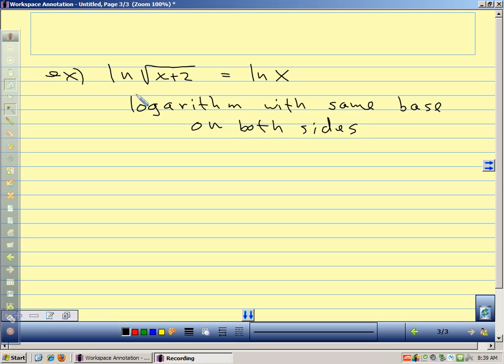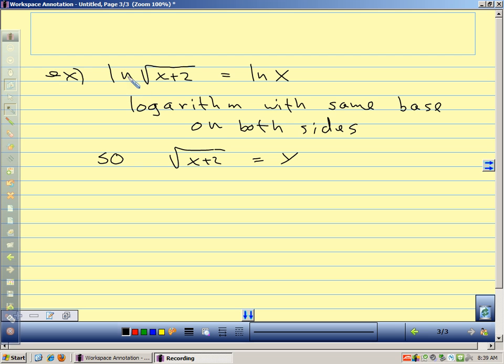So this one is set up for us already. If we have a logarithm with the same base on both sides, that tells us that what the logarithm is acting on either side, what's inside our function, has to be equal. So the square root of x plus 2 equals x.